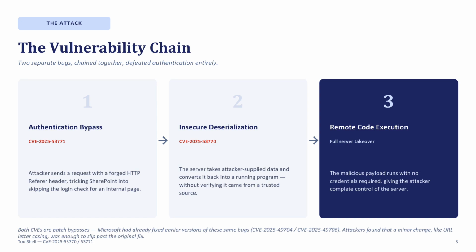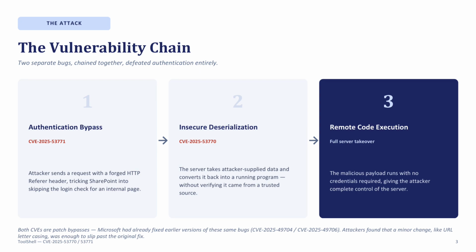Full server takeover. The attacker sends a request with a forged HTTP referer header, tricking SharePoint into skipping the login check for an internal page. The server takes attacker-supplied data and converts it back into a running program, without verifying it came from a trusted source. The malicious payload runs with no credentials required, giving the attacker complete control of the server.